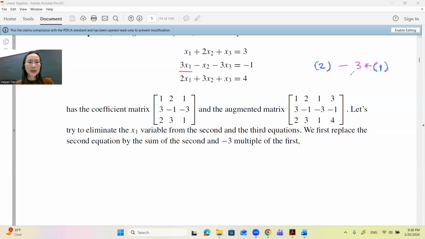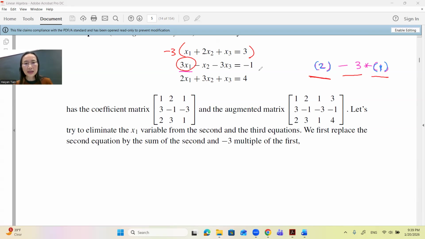You can also look at this. The reason I do this is because it's a multiple of the first equation being added to the second equation, right? To eliminate this. Why do I choose -3? Because if we use -3 as the constant multiple of the first equation, then we can create the opposite coefficient for x1.